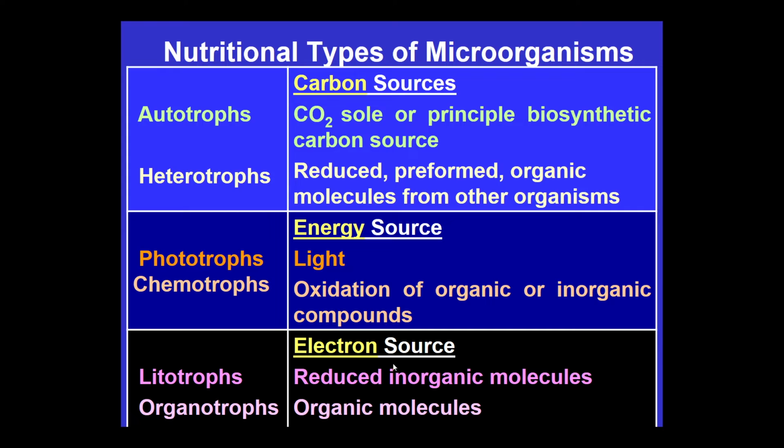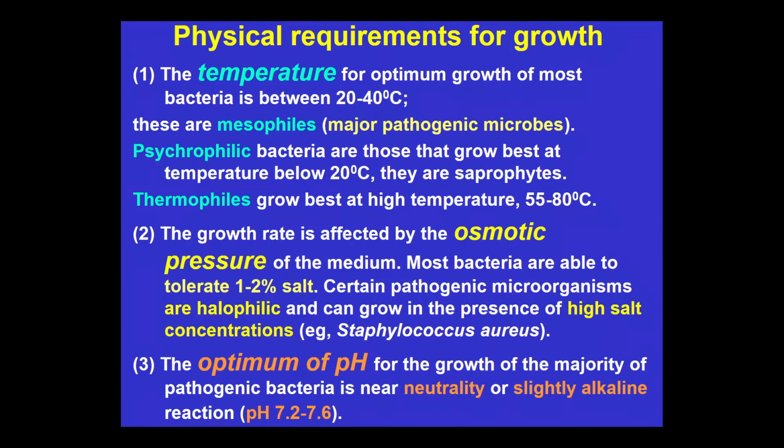And according to the electron source, the chemotrophs can be subdivided into lithotrophs that oxidize inorganic molecules and organotrophs that usually oxidize organic molecules.